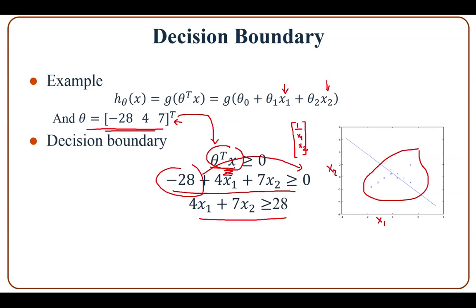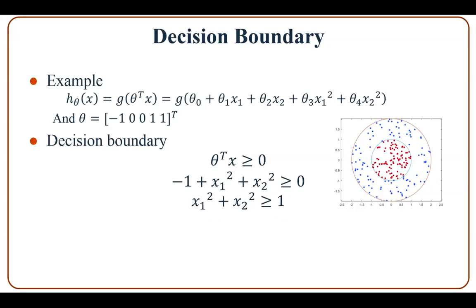From there we draw the decision boundary, and actually this is x1 and that is x2, and on one side we predict y equal to 1, and on the other side y equal to 0.